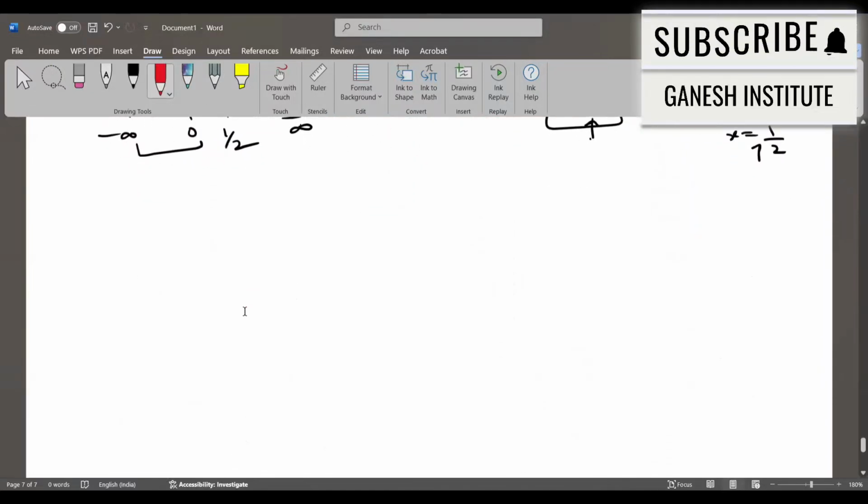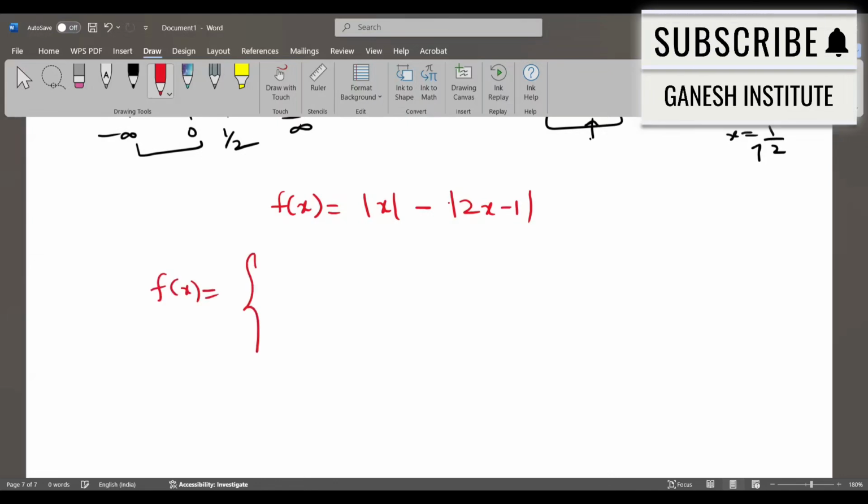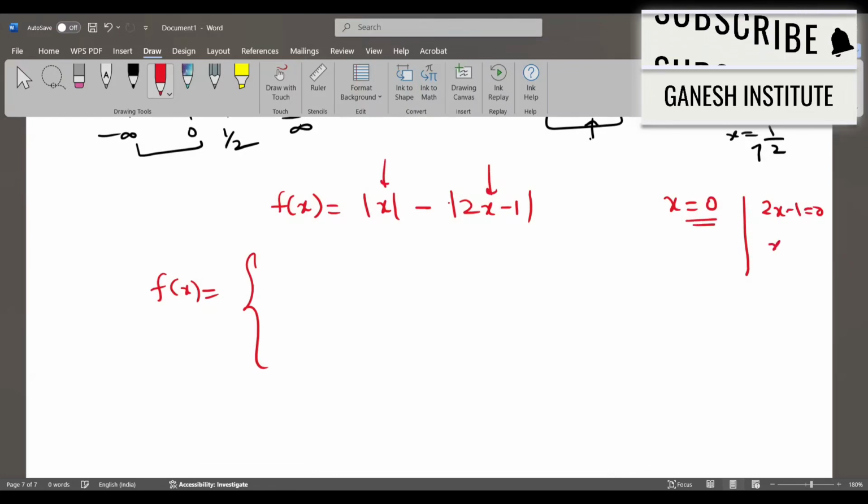Okay. So f(x) is equal to |x| - |2x - 1|. This is the question. Now, I need to define this function for certain discrete values. What will those discrete values be? You put each modulus function as 0. These are two different modulus functions. So one is 0 and the other gives me x = 1 by 2.